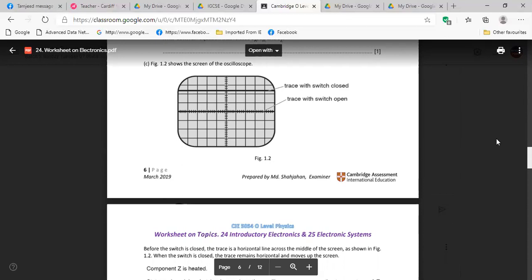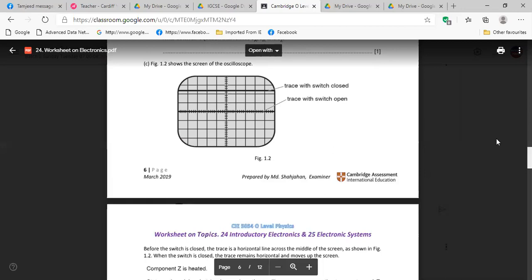Screen of oscilloscope, trace with switch closed, trace with switch open. State and explain what is observed on the oscilloscope screen as the temperature of Z increases.